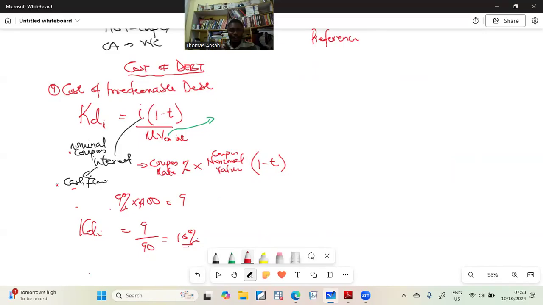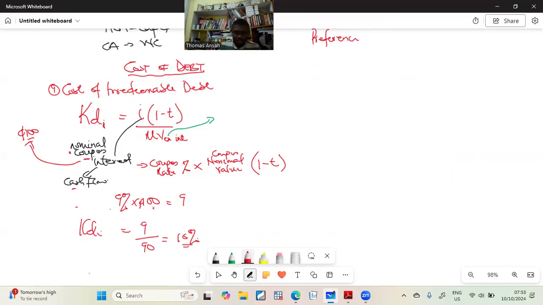So 1 minus T. And I always say that the coupon value for the interest in financial management is 100 cedis unless otherwise stated. It's 100 cedis because we are looking at par unless otherwise stated. So you have your coupon, then 1 minus T. So that is the irredeemable coupon concept.